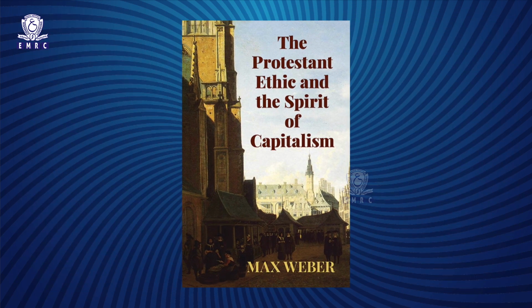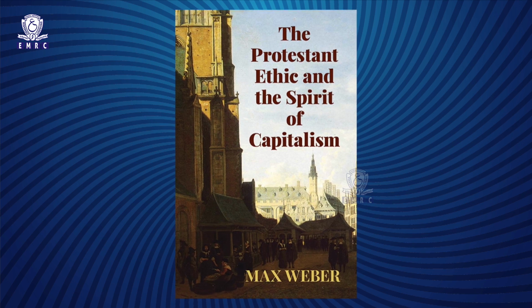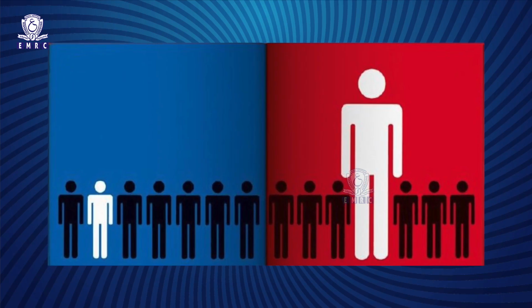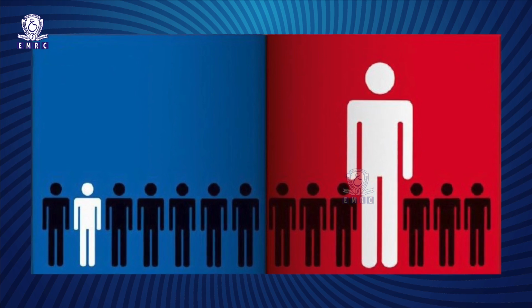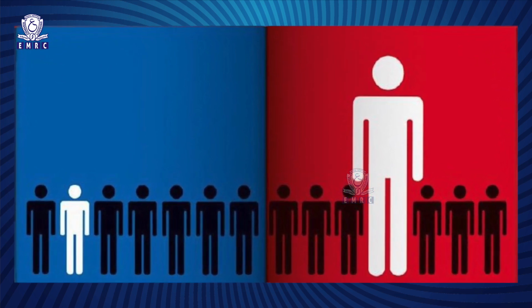Max Weber, in his The Protestant Ethic and the Spirit of Capitalism, has made a classical attempt to establish a correlation between the changes in the religious outlook, beliefs and practices of the people on the one hand and their economic behavior on the other. He has observed that capitalism could grow in the Western societies to a very great extent and not in the Eastern countries.